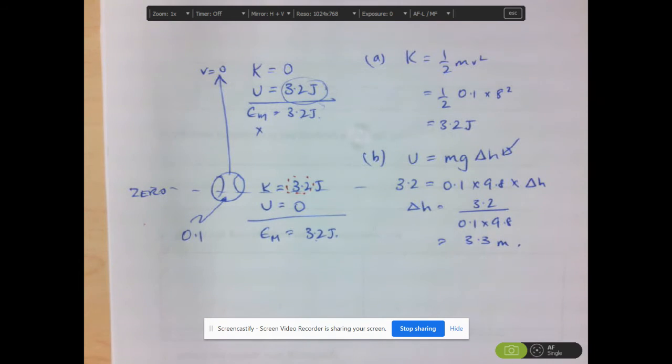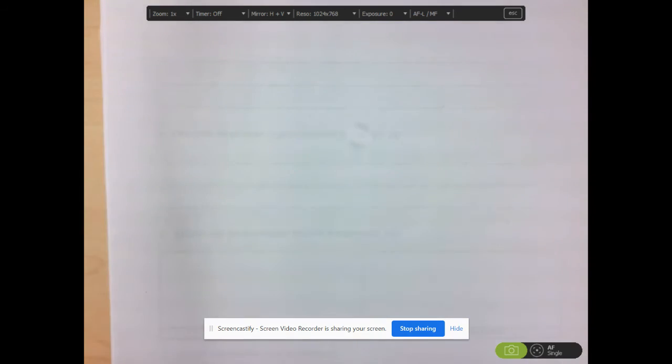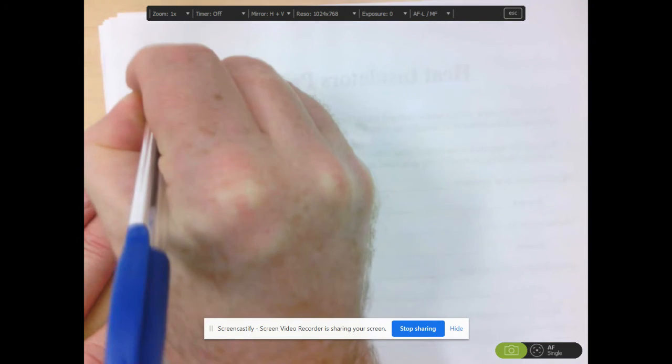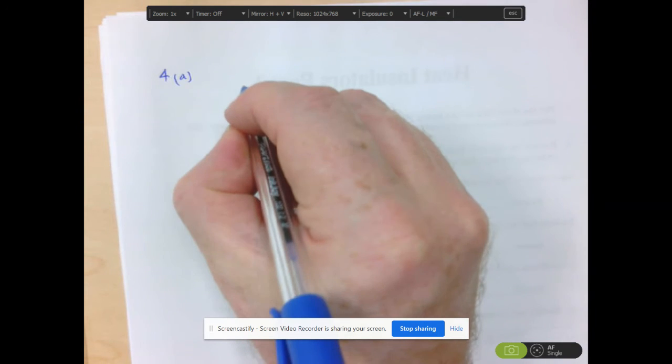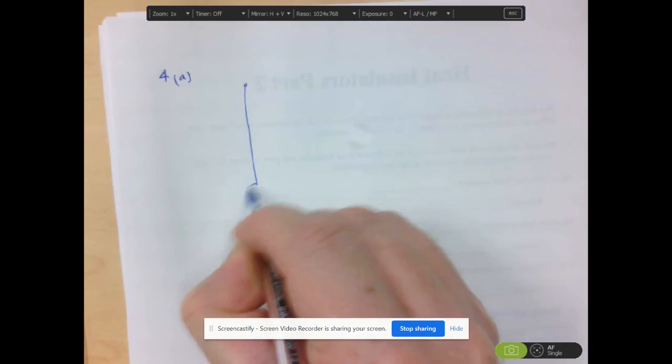Moving on to question 4 now, which is the pendulum one. I've gone through a pendulum one on the board before, so let's have a look at quickly doing one of these, and I might just abandon it halfway through so you can have a go yourself. The pendulum has a length of 1.2 meters. So when it hangs straight down, it's 1.2 meters.